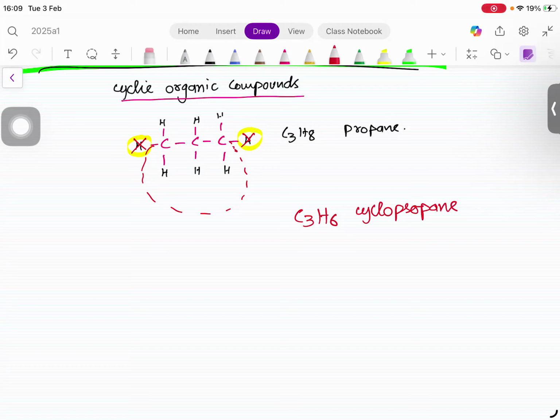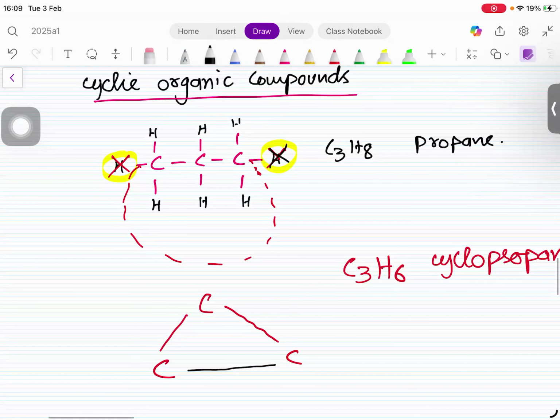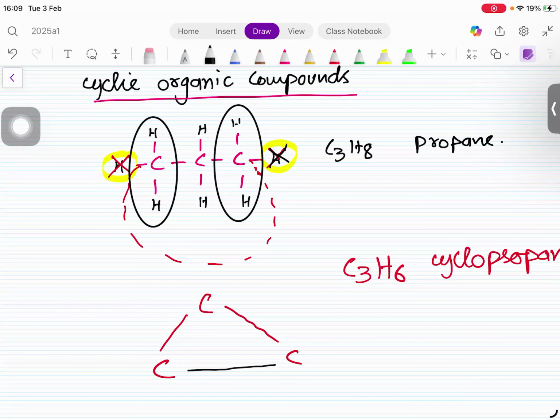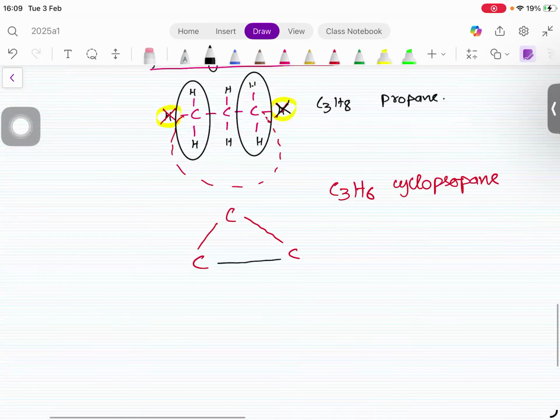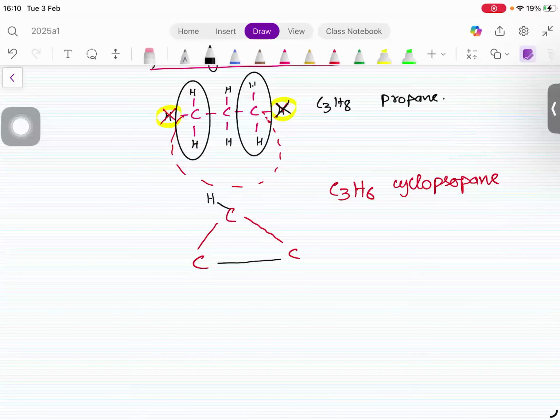And how do you show it? Because the two carbons on the terminal have to come down and close to each other to make a bond, you show it like this. One carbon here, one carbon here. As they have to lose these two hydrogens, how many hydrogens are left with the terminal carbons now? Two. And the center one already has two.